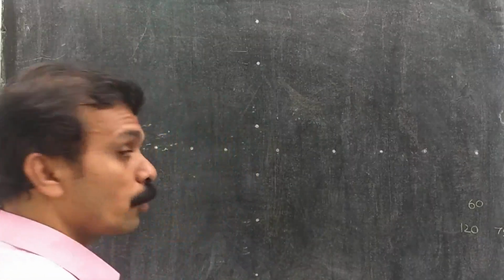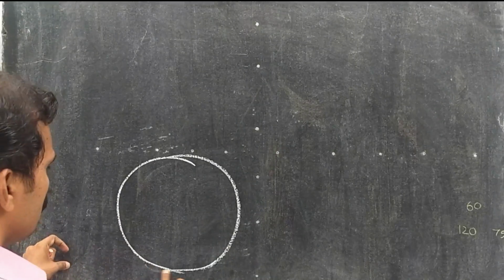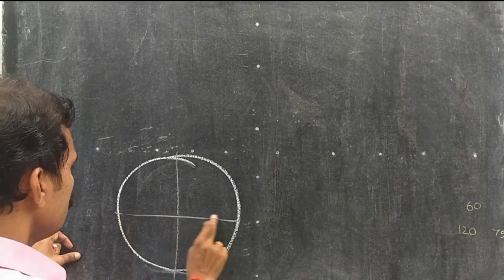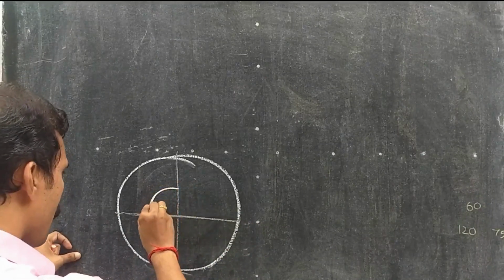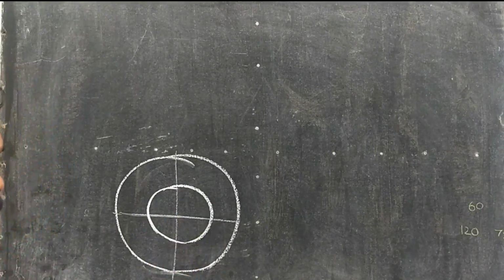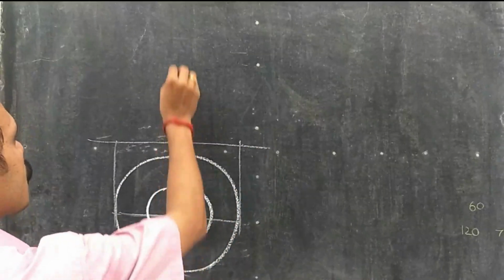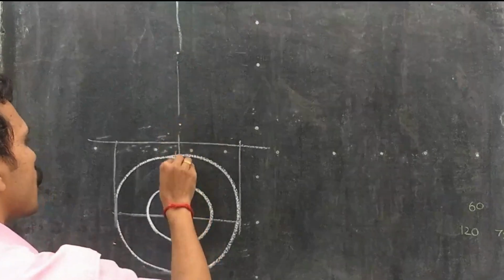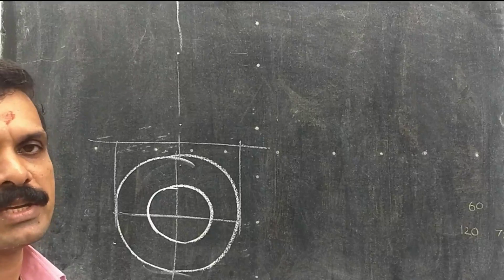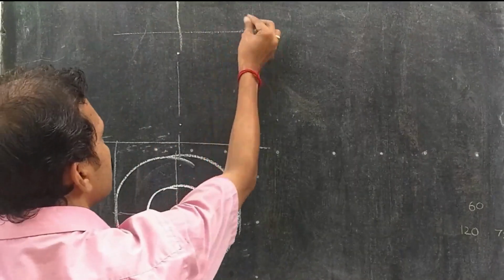So, the top view: this is a circle of 120 mm diameter, then another circle of 60 mm diameter. And it is given that the height of the frustum is 75. So, at a height of 75 mm from the base we can draw a line.